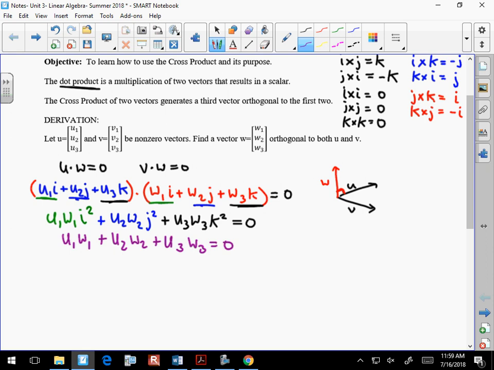Which is nice, but I guess we didn't need the IJK notation to begin with. We're doing the same thing with v and w, but we can cut to the chase there. That's going to be v1 w1 plus v2 w2 plus v3 w3 equals 0.